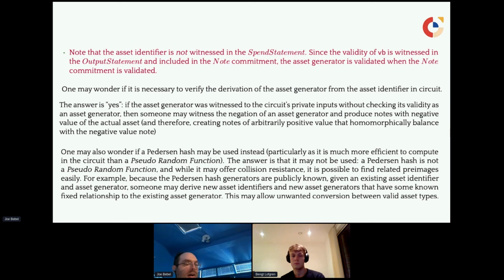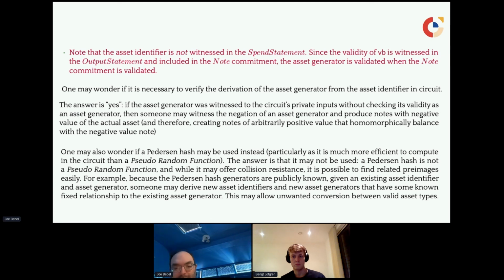You have to have unlinkability at some point, just for security purposes, to prevent people from mixing different asset types together and potentially violating the rules that we require for balances between asset types.